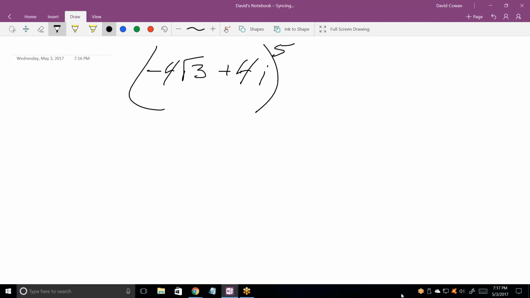So, De Moivre's theorem says that if I convert this to trigonometric form, I can easily solve it.